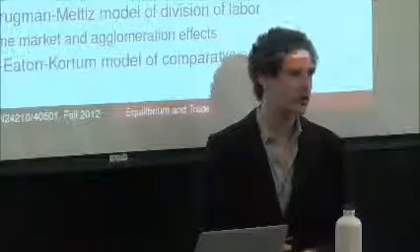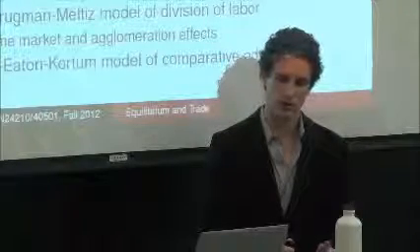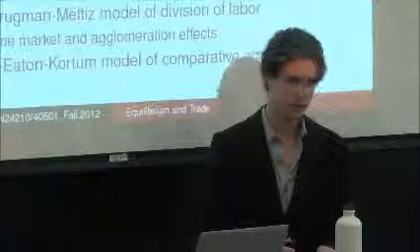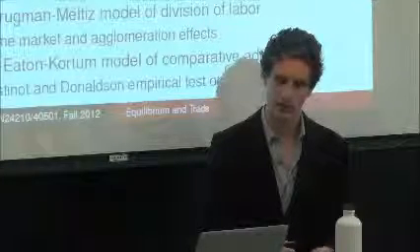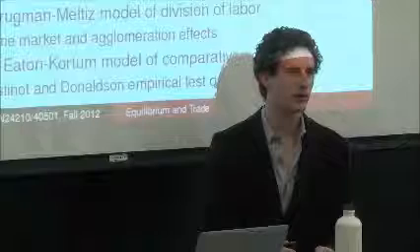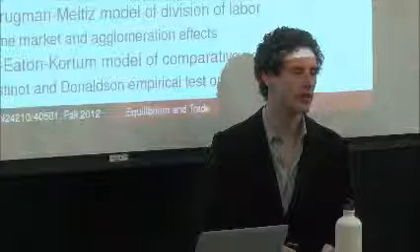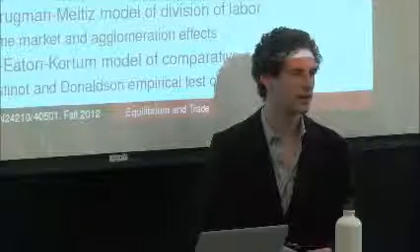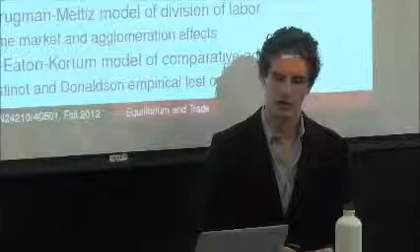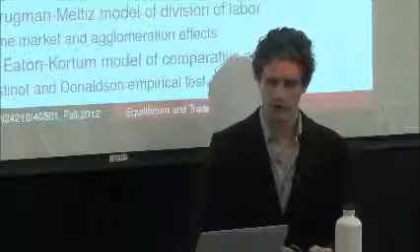And then finally, we'll talk about the Ricardo model as formalized by Eaton and Kortum, a model of comparative advantage, and we'll look at how well that does at explaining the international trade in agriculture using a paper by Costinot and Donaldson. Okay.